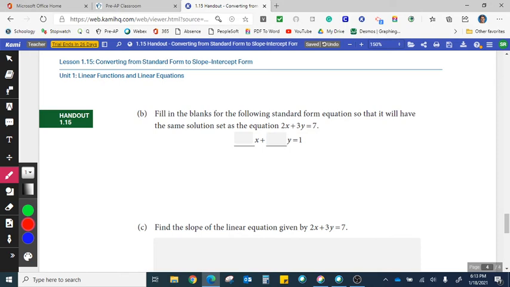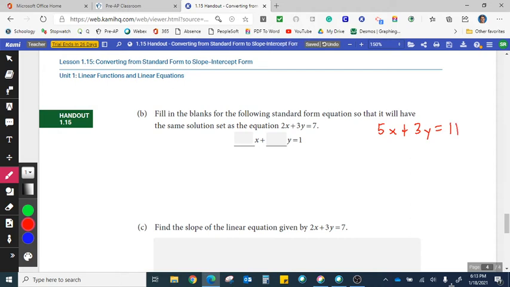Alright, so this one here is the same problem as above. I'm going to give you a different example and solve it for you. Let's say that we have 5x plus 3y equals 11.